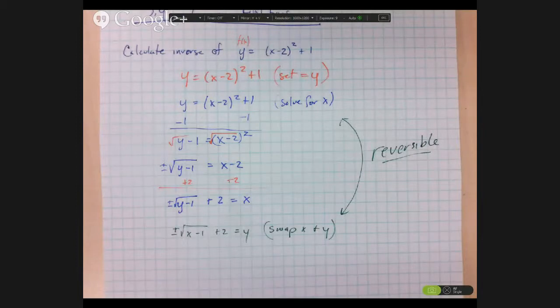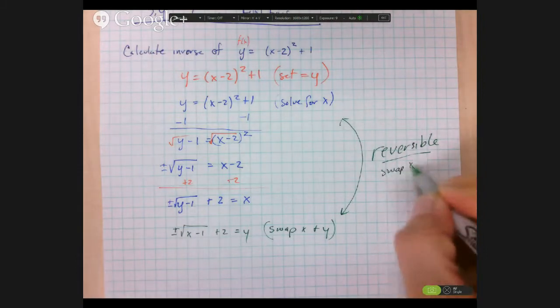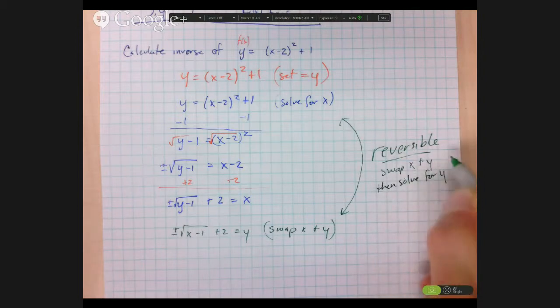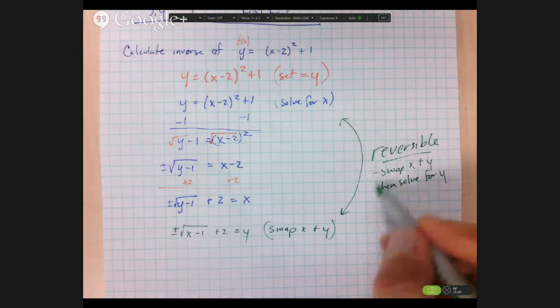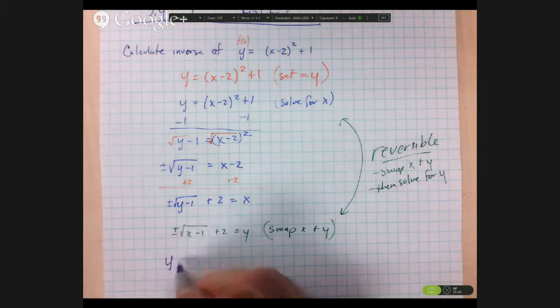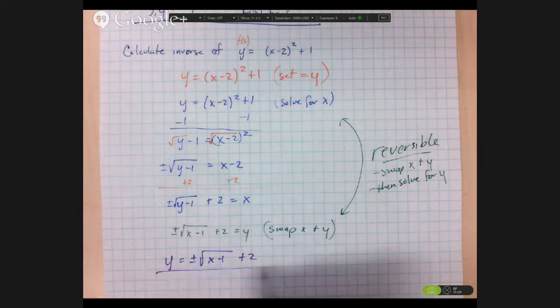If you swap x and y first, then you're solving for y. If you want to do it that direction, it's fine. That's actually the way I usually do it. Okay. All right. So that's our inverse.